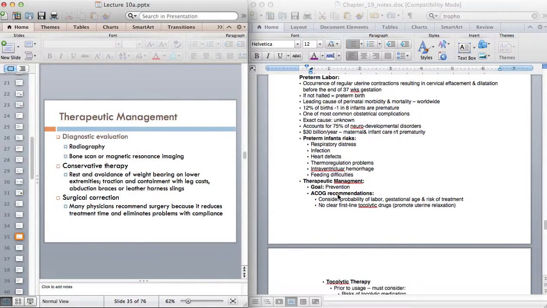But the first line of treatment will be the conservative method of weight bearing, non-weight bearing, to see if the blood flow will resume in that affected area.